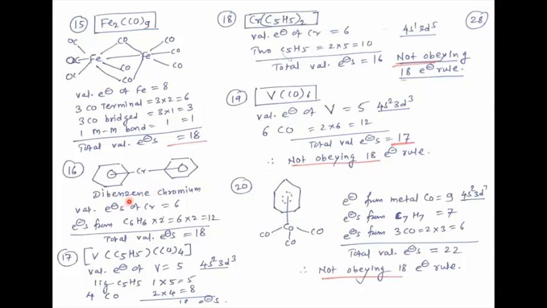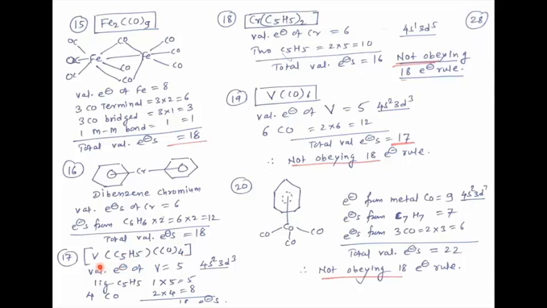Next one, dibenzene chromium. Benzene groups are attached to chromium. Here the valence electrons of chromium are 6, and 6 electrons are donated by each benzene group, therefore 2 into 6, 12, and the total becomes 18. So this is also an 18 electron rule obeying complex, it is stable.